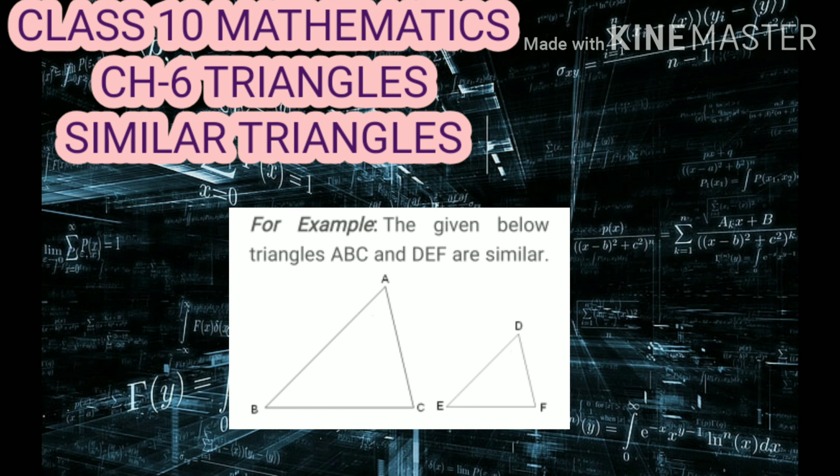That is, AB upon DE equals BC upon EF equals AC upon DF. So children, both the triangles, triangle ABC and triangle DEF, are similar. It's very easy to understand the similarity criteria.